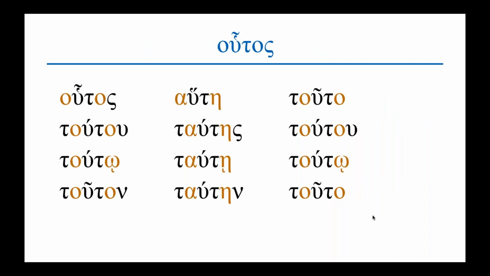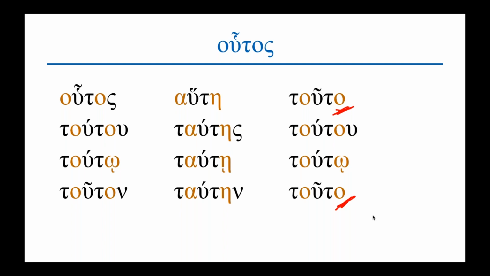The paradigm for houtos, you're going to see here quite a few similarities to the regular paradigm with a couple key differences. As we've shown before in some of the autos paradigm, the nominative and accusative neuter do not have the nu at the end. So that's one thing that's a little bit different than the regular paradigm.